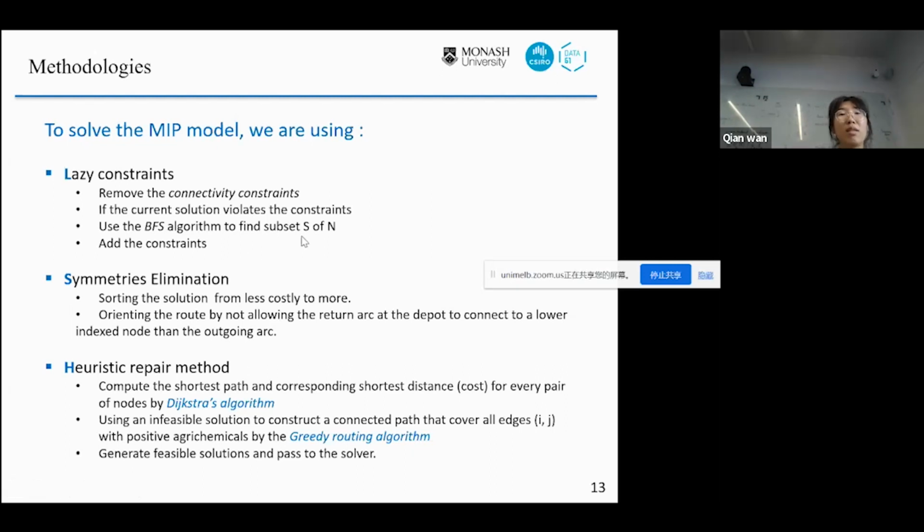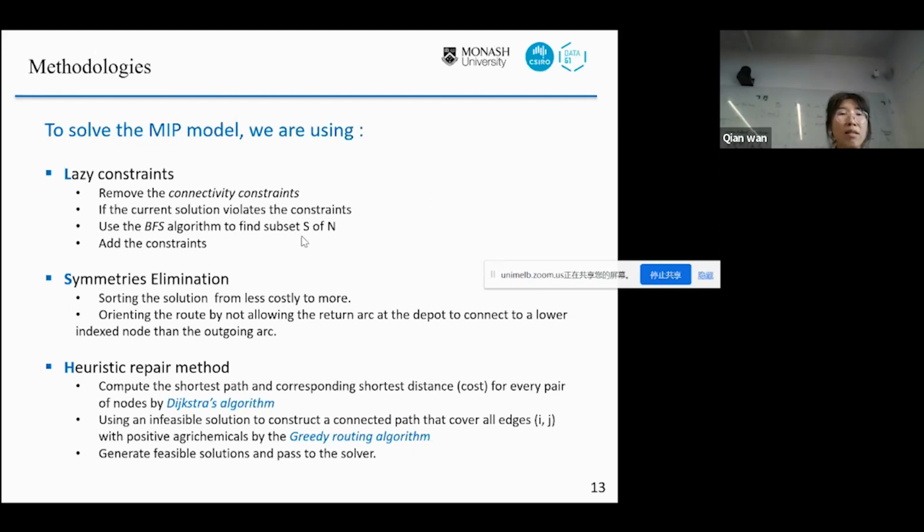reintroduce these constraints here. And for the symmetry elimination, we sort the solution from less costly to more costly and orient the route by not allowing the return at the depot to connect to a lower indexed node than the outgoing arc, which helps us lower the feasible solution area, so it can improve the speed of this calculation.